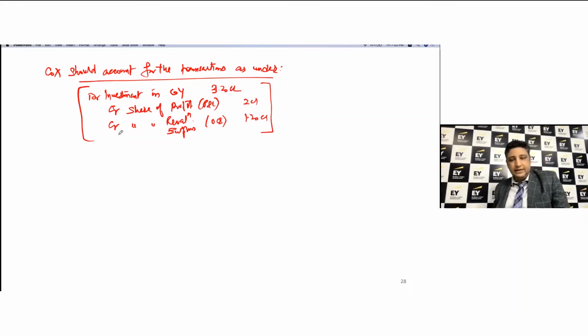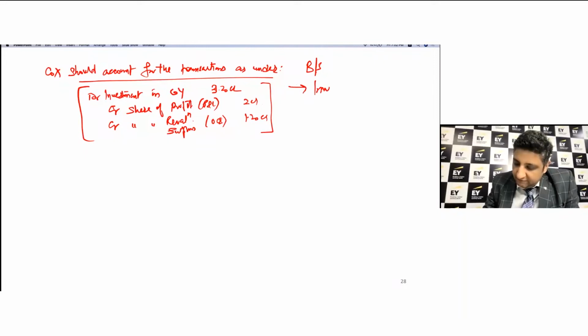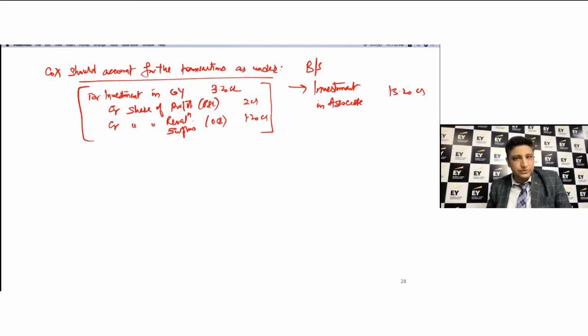In the books of company X at a group level, in the balance sheet, you show the investment in associate at 13.2 crores.